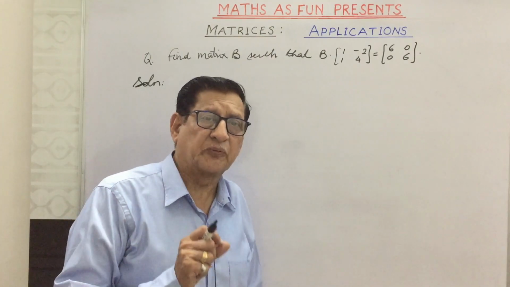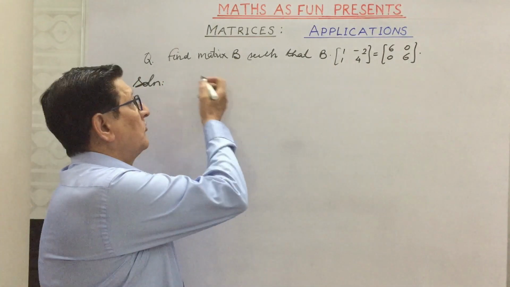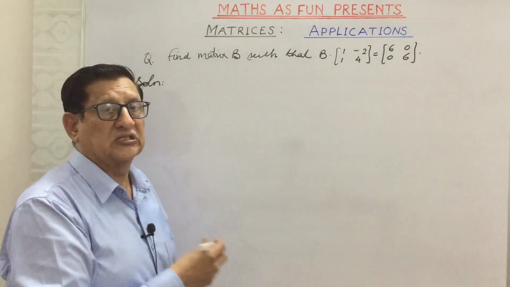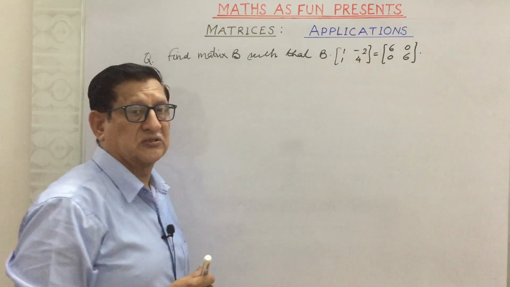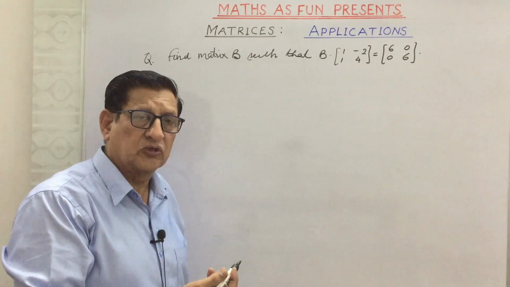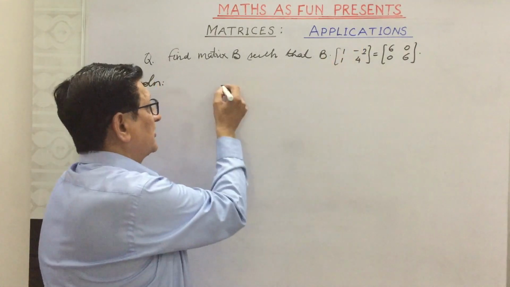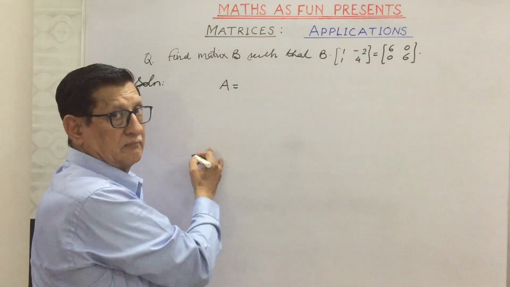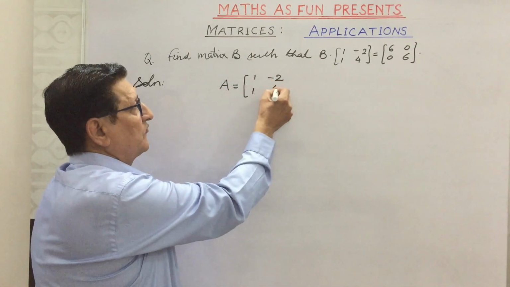Now we discuss some of the problems based on matrices, and the first one of them is: find matrix B such that B into this matrix is equal to this matrix. For finding the solution of such a problem, what we do is consider the given matrix as A. A is given here as 1, minus 2, 1, 4.